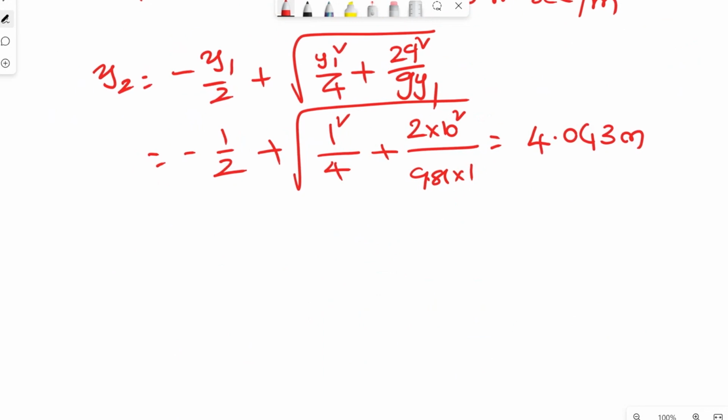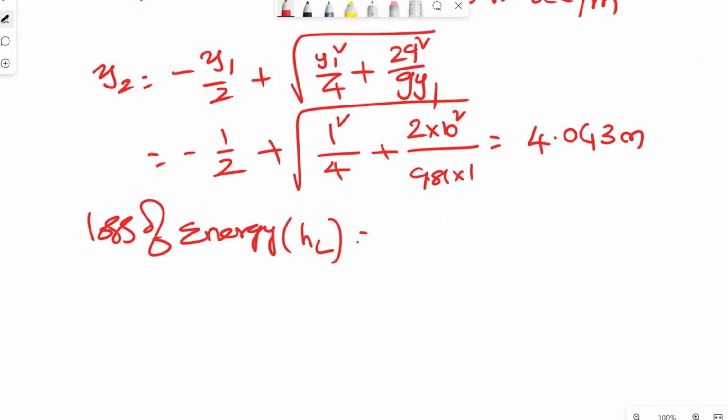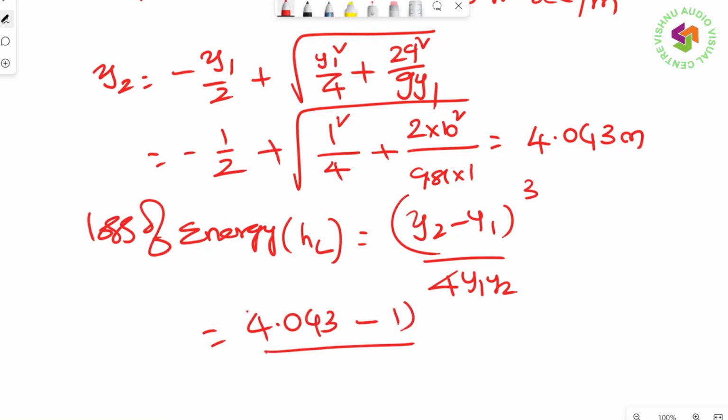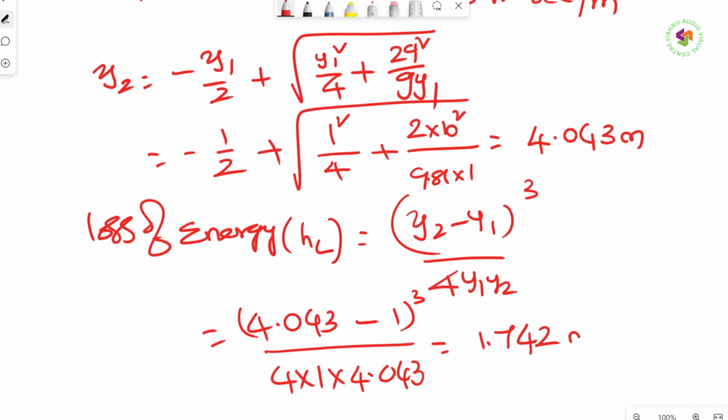Then the energy loss, or head loss, is equal to y2 minus y1 whole cubed by 4 y1 y2. So y2 is 4.043 minus 1, whole cubed, divided by 4 into 1 into 4.043. If you calculate this, it is going to be 1.74.